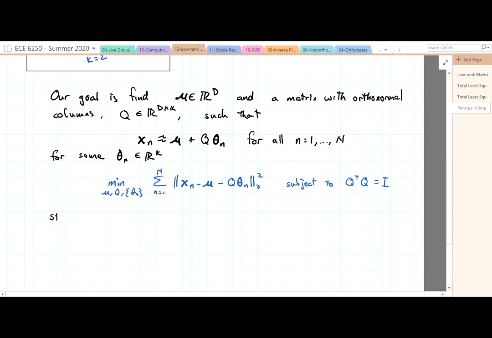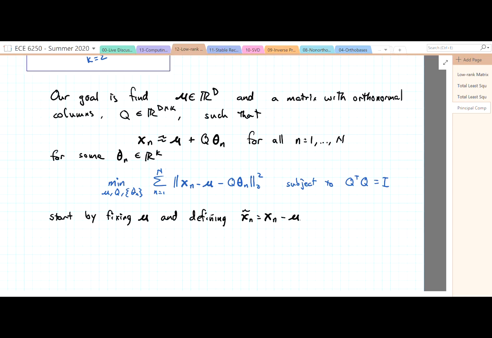So we'll start by fixing mu and defining x tilde of n equal to x of n minus mu.